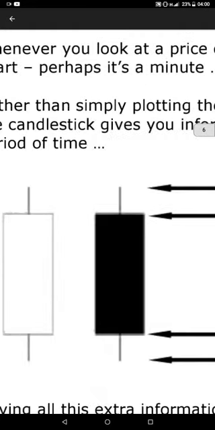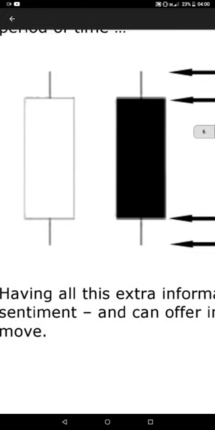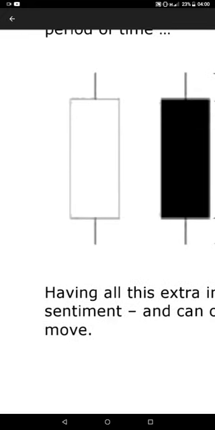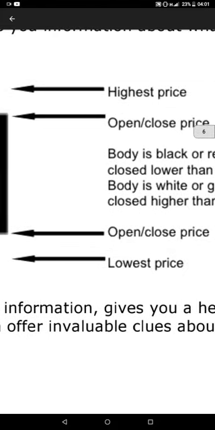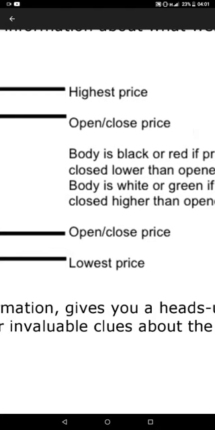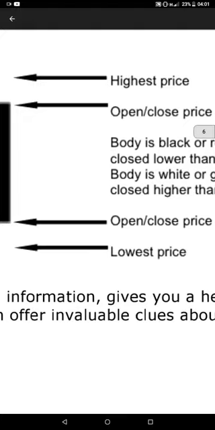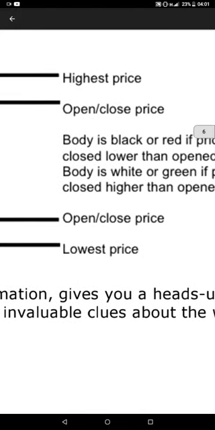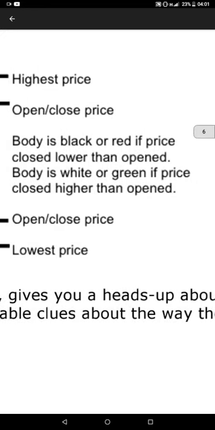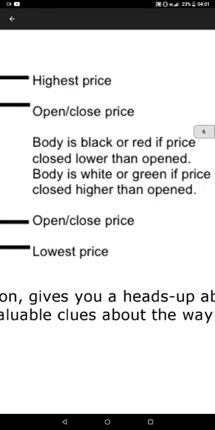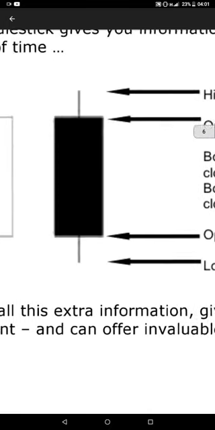As you can see here, guys, we have these two candlesticks. They are not the same, guys. On one side we have the white one, and on the other side we have the black one. Okay, guys, the higher price is here, guys. The opening or closing price, here it is, guys. A body is black or red if the price closes lower than the opening. A body is white or green if the price closes higher than the opening.